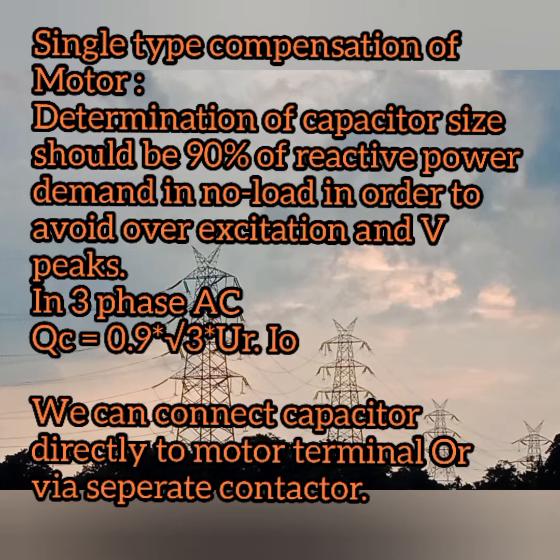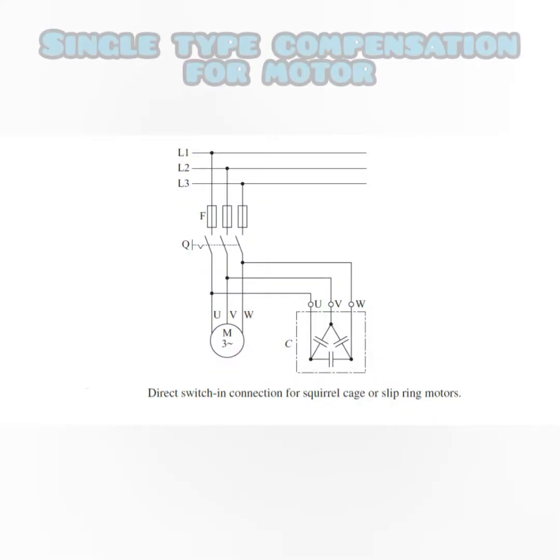The formula for finding the reactive capacitance is 90% of the reactive power, which means 0.9 into root 3 into U into I0, which means the idle current and the voltage. Then we can connect the capacitor directly to the motor terminal or via separate contactors.